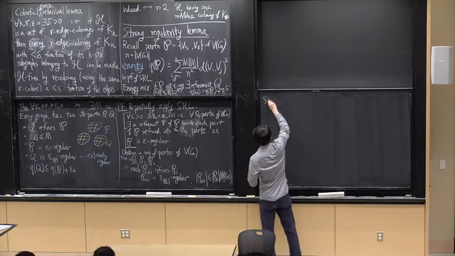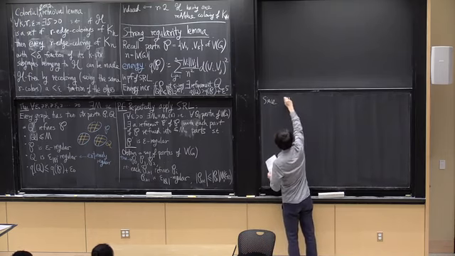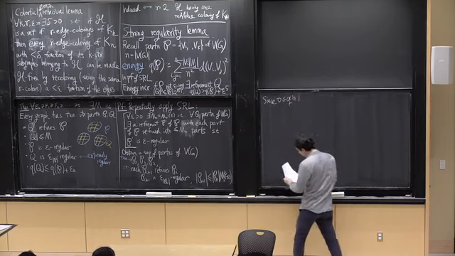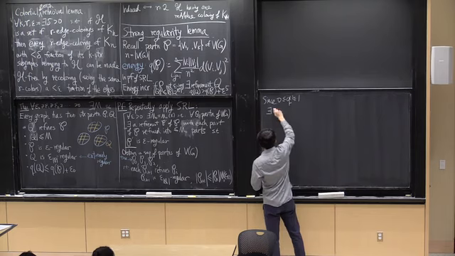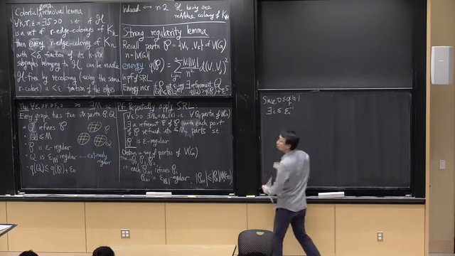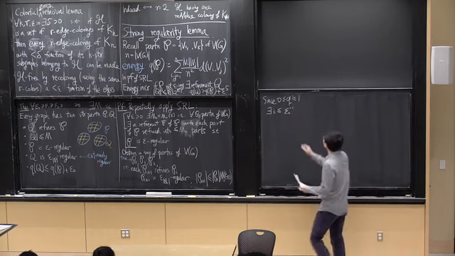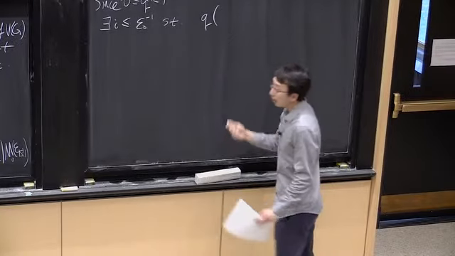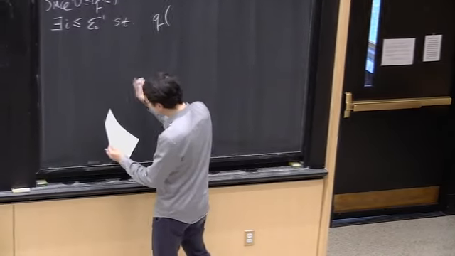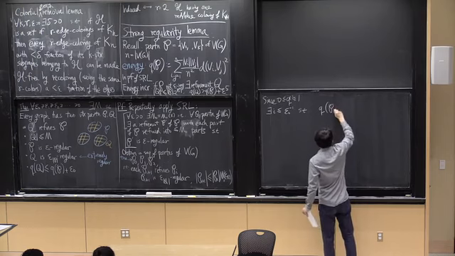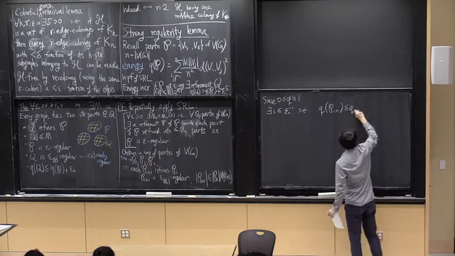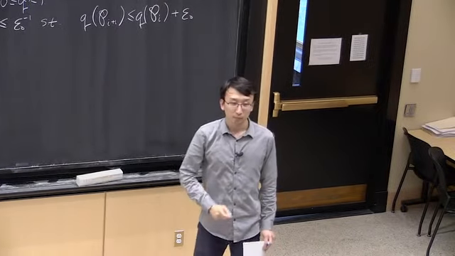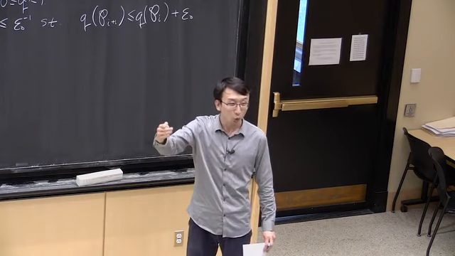So since the energy is bounded between 0 and 1, there exists some i, at most 1 over epsilon naught, such that the energy goes up by less than epsilon naught. Because otherwise, your energy would exceed 1.